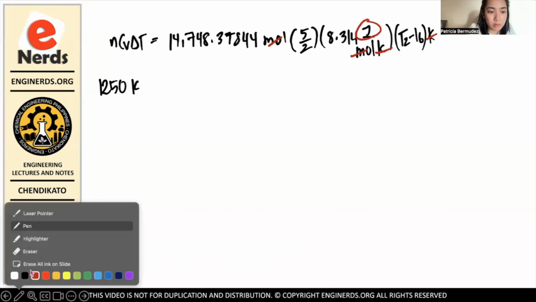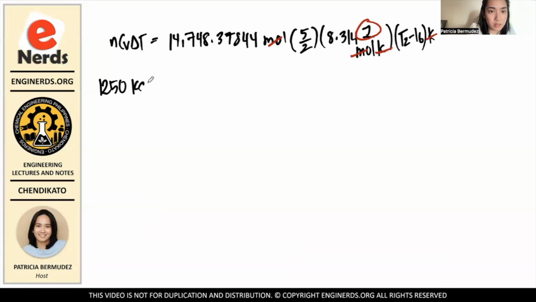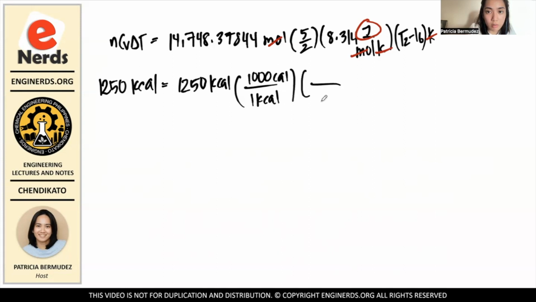So you have to convert it into joules. What do you have as a conversion factor? 1 kilocalorie is 1,000 calories, and 1 calorie is equal to 4.184 joules.